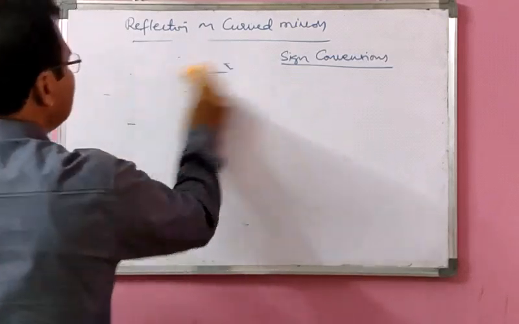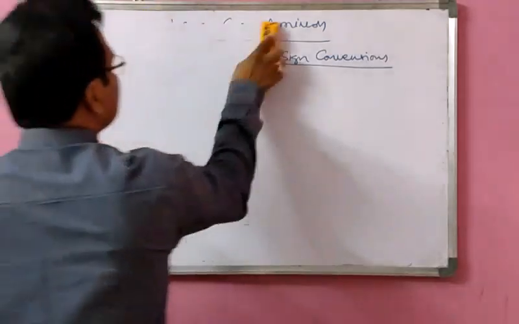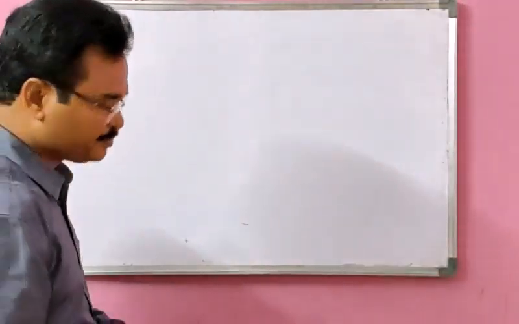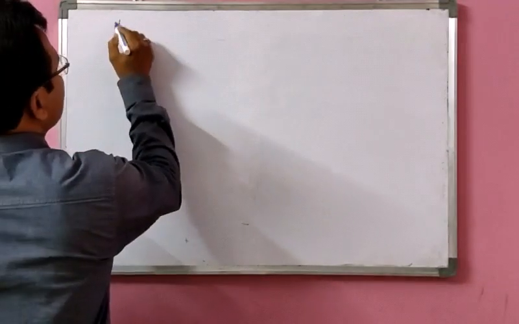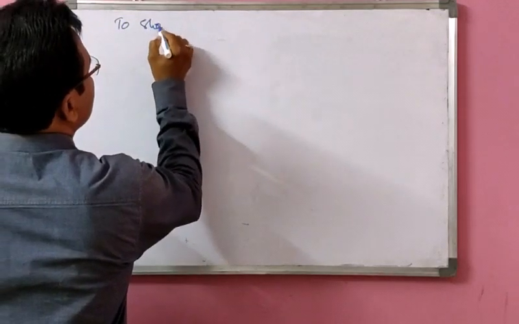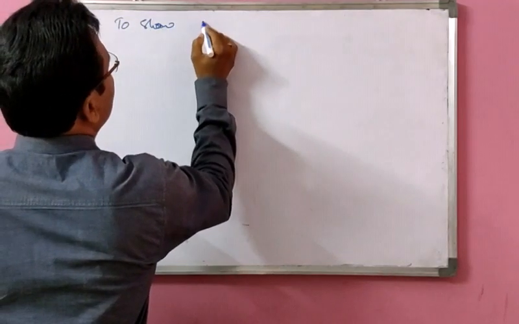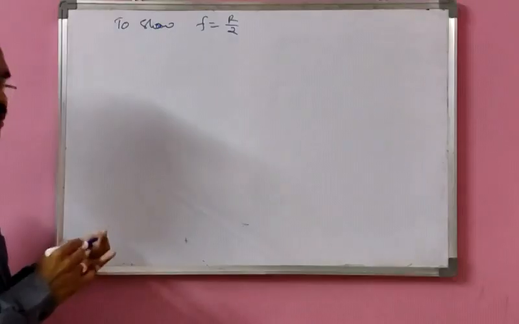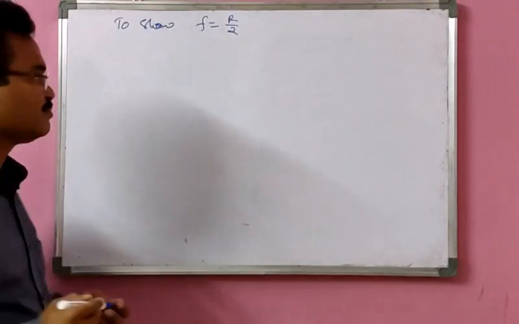Okay, let us move on to the relation between focal length and radius of curvature. I'm going to show f equal to R by 2. That is, focal length is half of the radius of curvature, right?